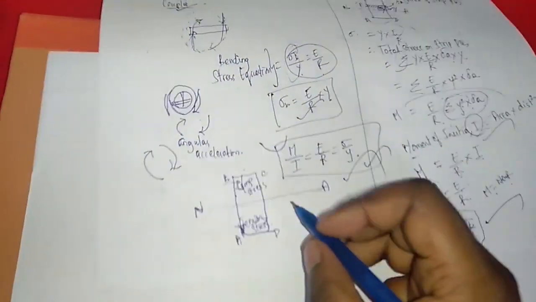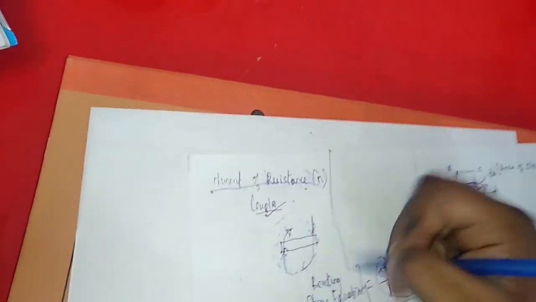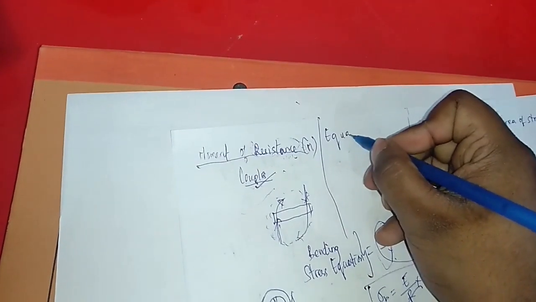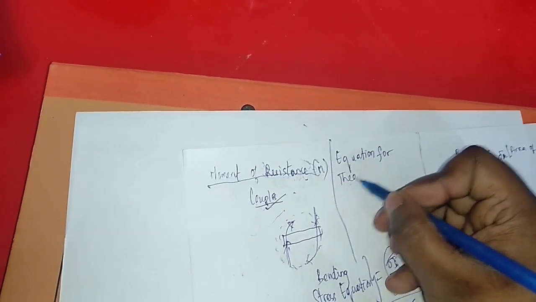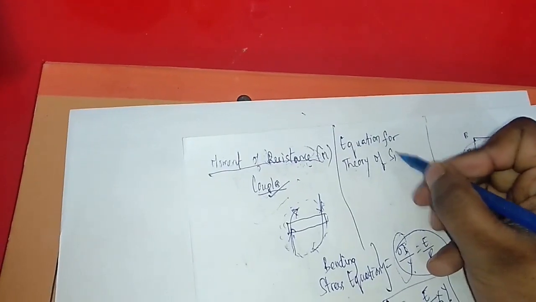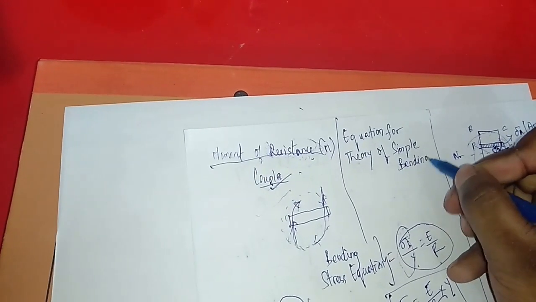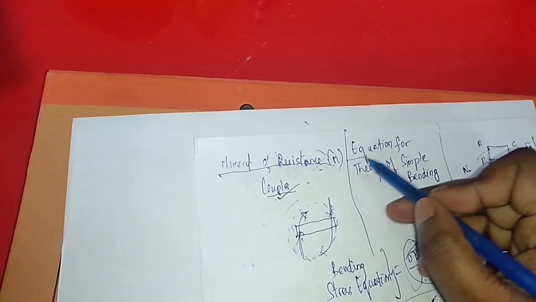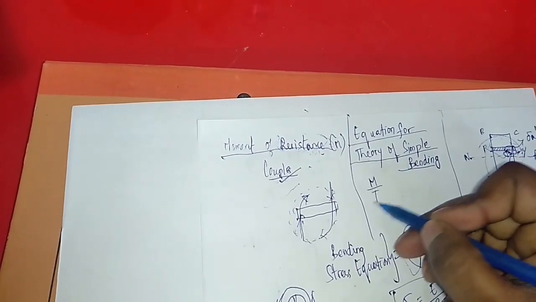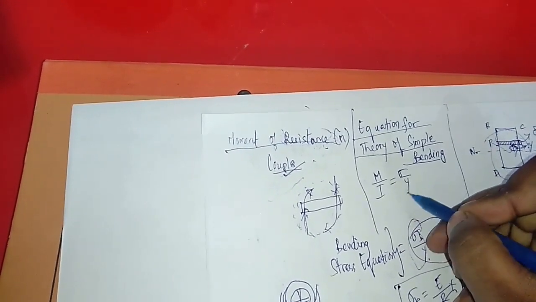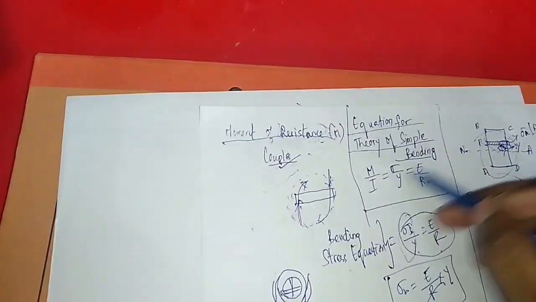They may ask you in 1 mark MCQ questions. So I will write here the equation for the theory of simple bending. Simple bending is nothing but what? It comprises both shear force and bending moment. Simple bending is M by I is equal to sigma by Y is equal to E by R. This is the equation of the theory of simple bending.